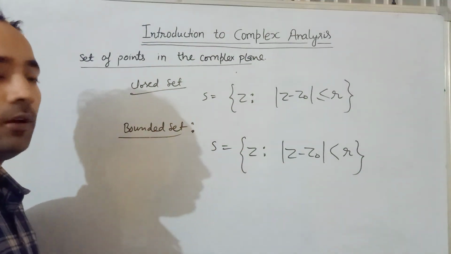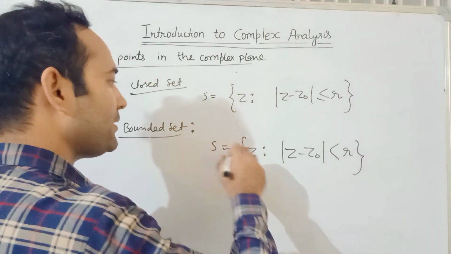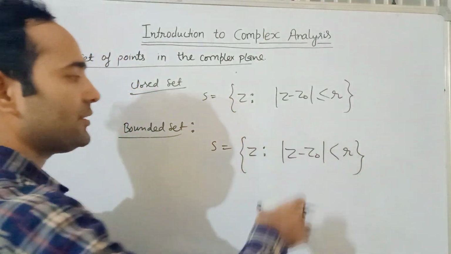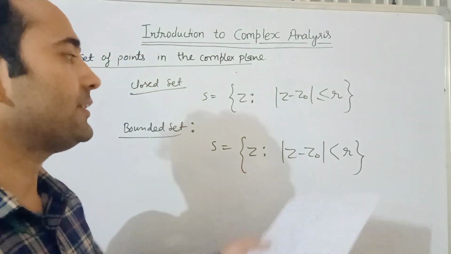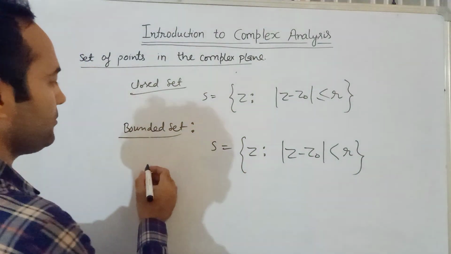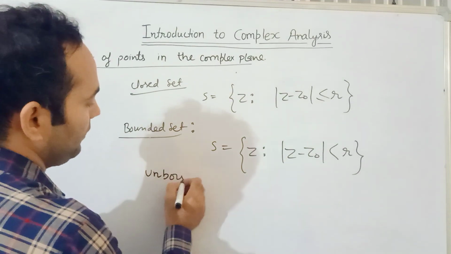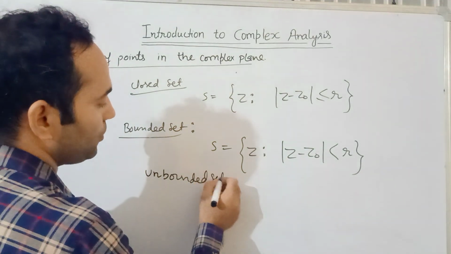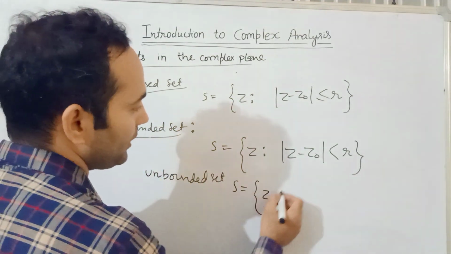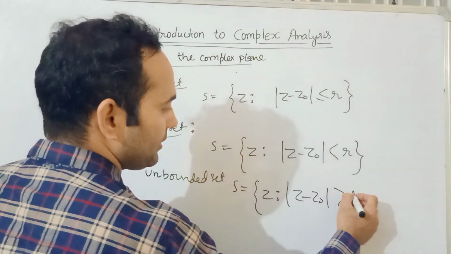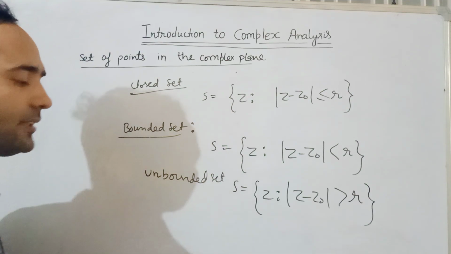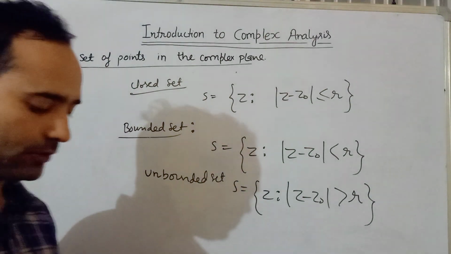Bounded set is an open set where this magnitude is less than some value, that is here in this case R. What is unbounded set? Unbounded set is also an open set where this is always greater than some value. Okay. I will explain, you'll understand with the diagram better. So you understood bounded set.